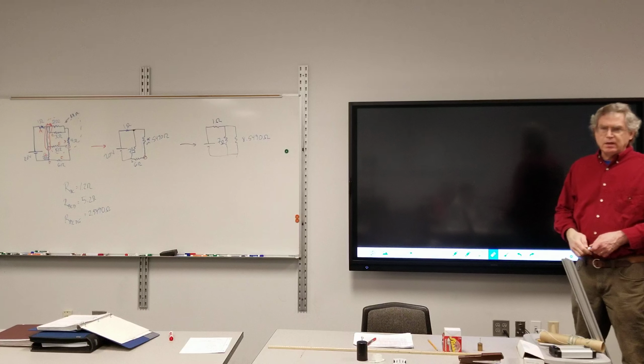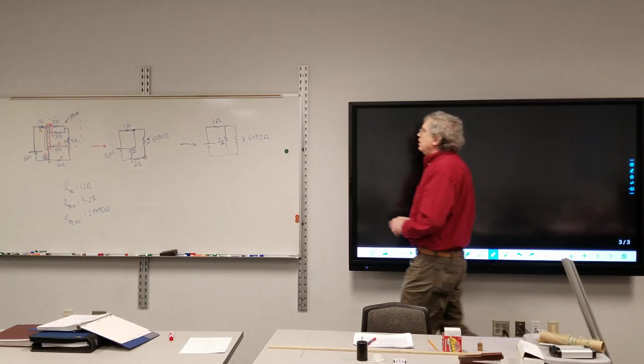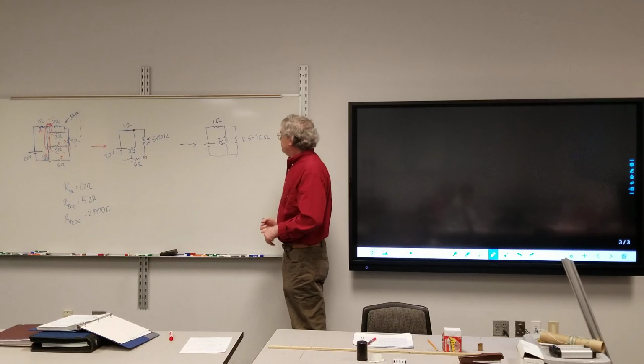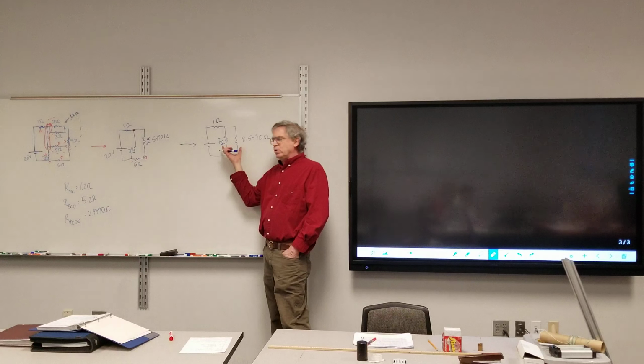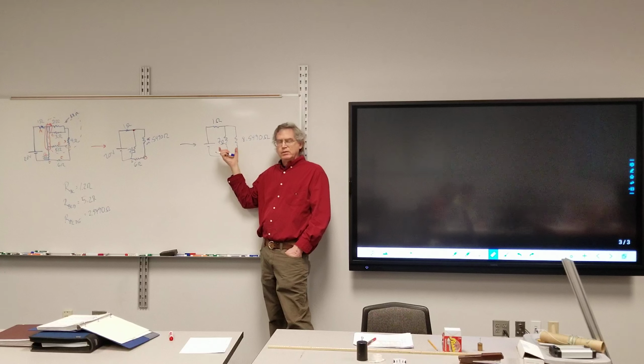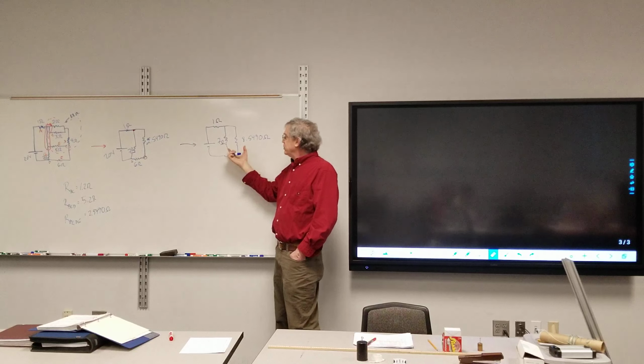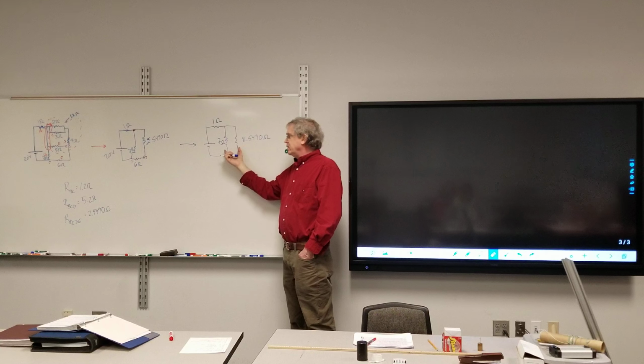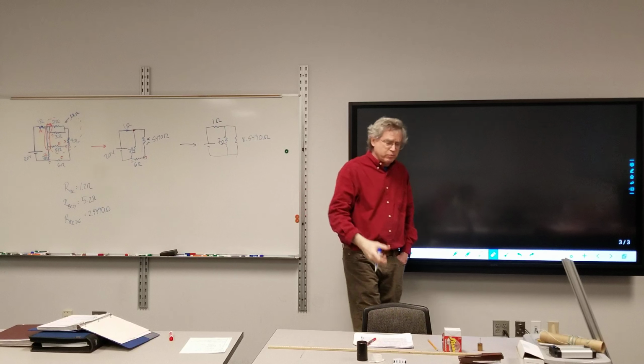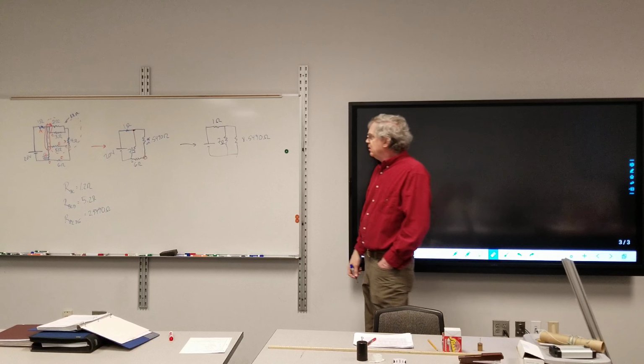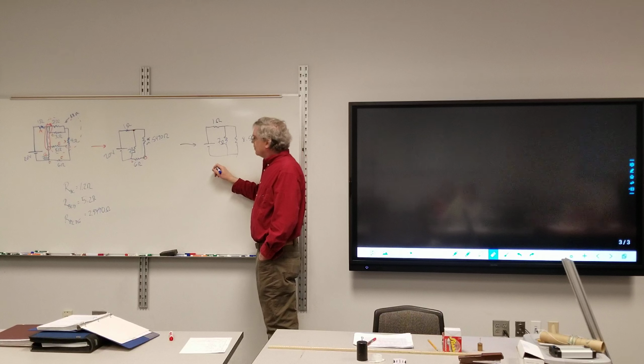Now the 7 and 8 are in parallel. All right. Now, if they're both 7 ohms, they're not, but if they were, then my equivalent resistance would be 7/2, 3.5. So I know that since this is a little bit more than that, the equivalent resistance is going to be something a little bit more than 3.5 ohms. Let's find out.